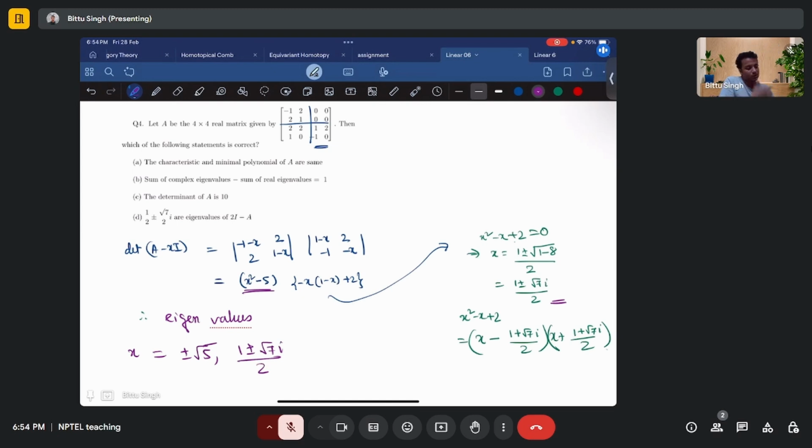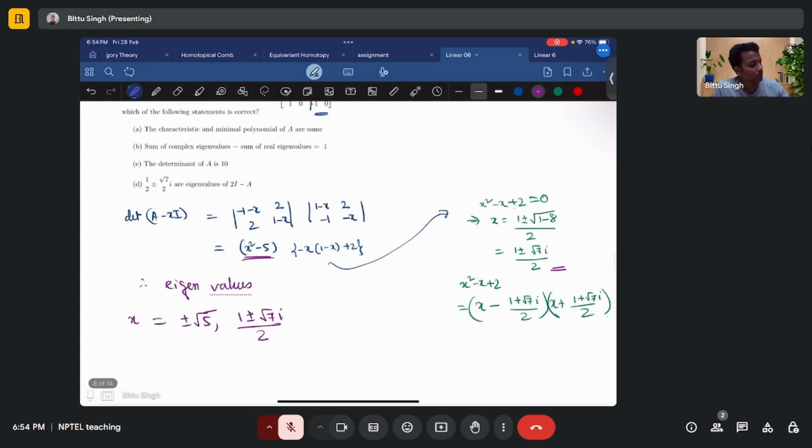So those are 4 eigenvalues, and the 4 eigenvalues are distinct. So whenever the eigenvalues are distinct, the characteristic and minimal polynomial are the same, because any annihilating polynomial should have at least one factor corresponding to each eigenvalue.